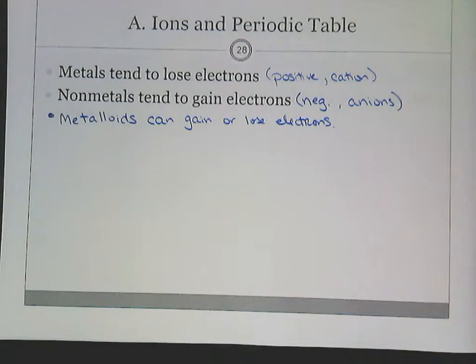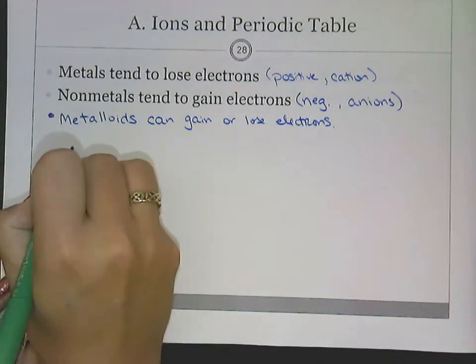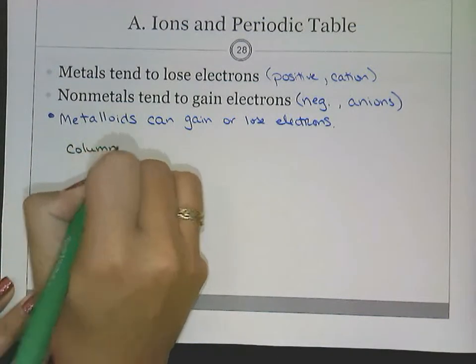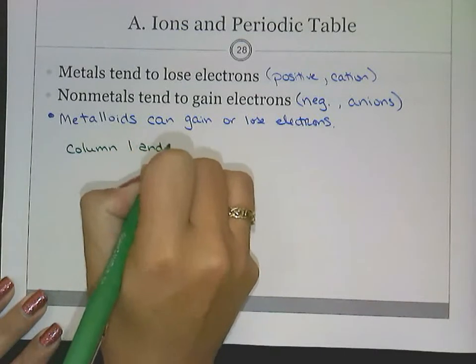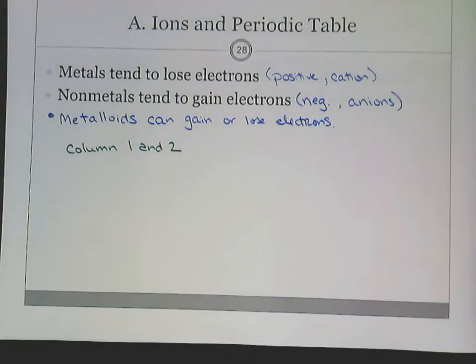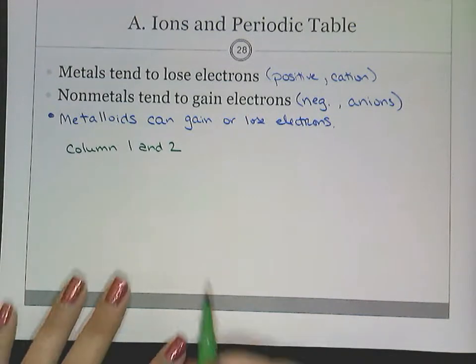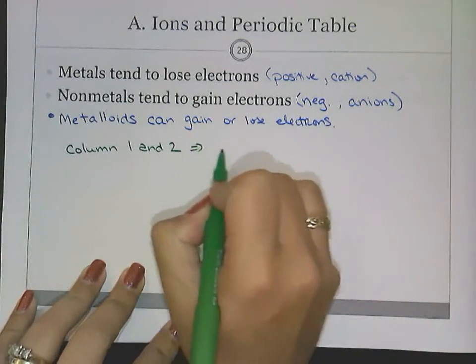So looking at our periodic table, you can see that they're all arranged in columns. If we're looking left to right, columns 1 and 2, the columns that have lithium, sodium, magnesium, calcium, those guys are metals.